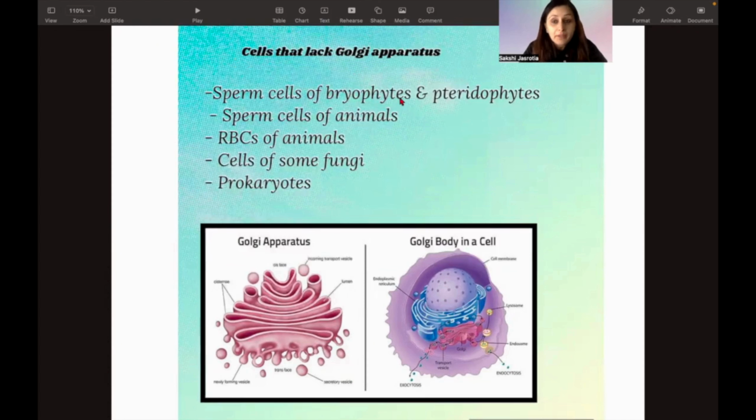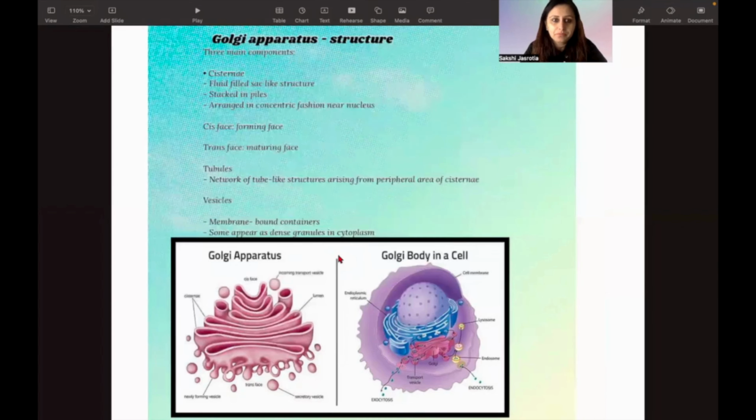Now, Golgi apparatus is not present in all kinds of cells. It is present in some, and there are a few exceptions where cells lack it: sperm cells of bryophytes, pteridophytes, sperm cells of animals, RBC of animals, cells of some fungi and prokaryotes. So these cells lack Golgi bodies.